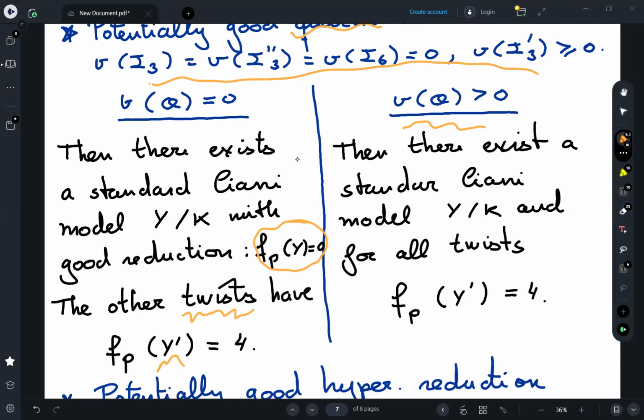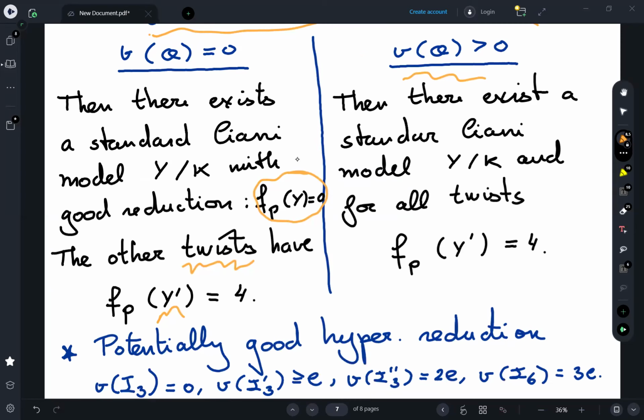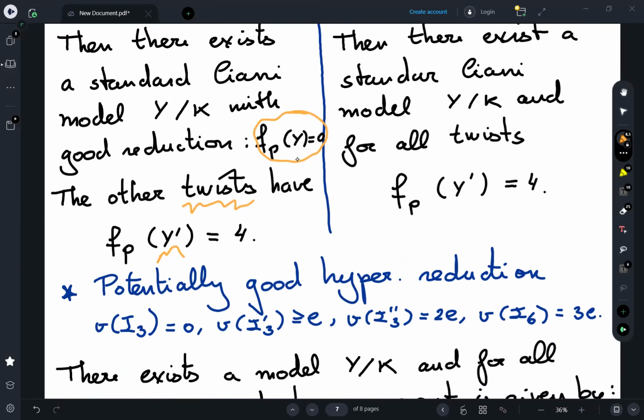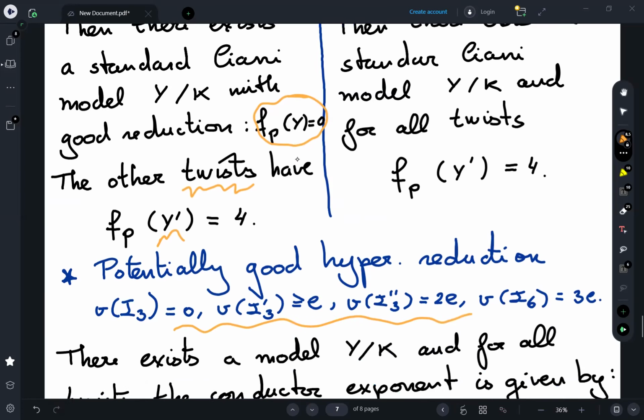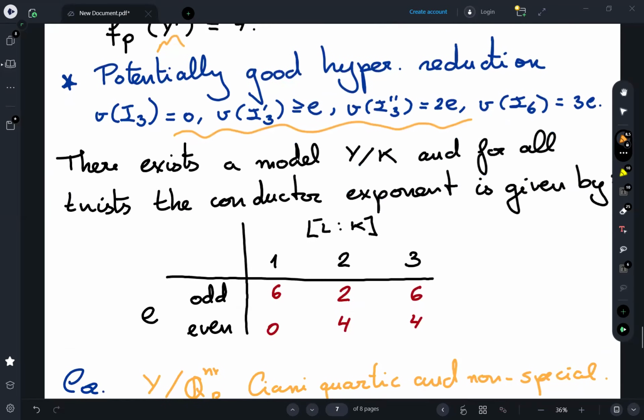And then in the case of potentially good hyperelliptic reduction, that is characterized by some valuations of the invariants, you get the following result.